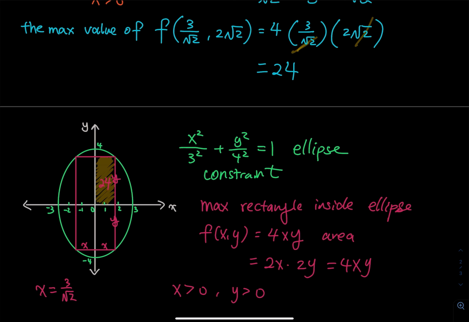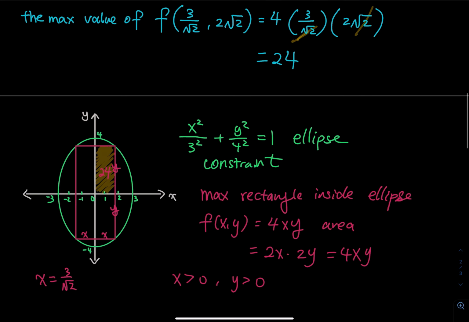And how about the y value? Let me look it up. The y value is 2 root 2. That is where you cut the x and where you cut the y, and then you get your rectangle in the first quadrant, and the area equals 24.